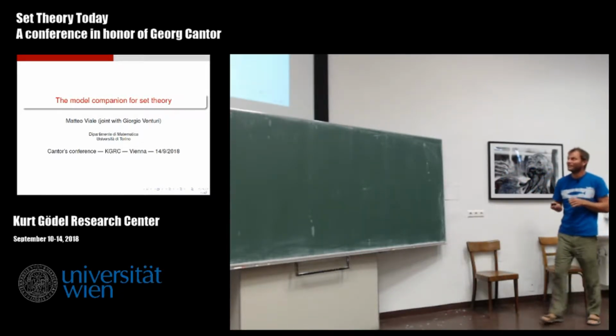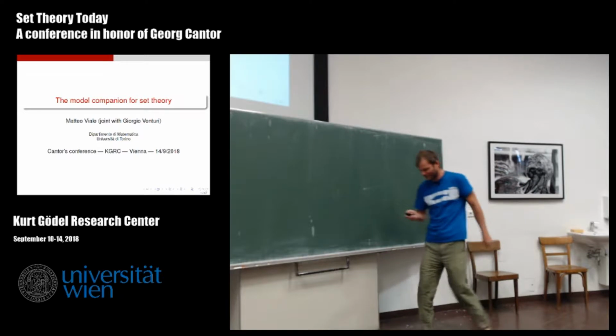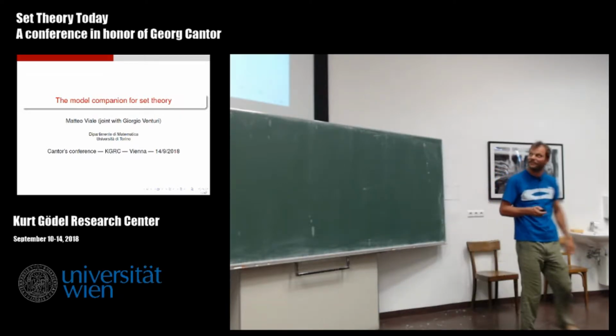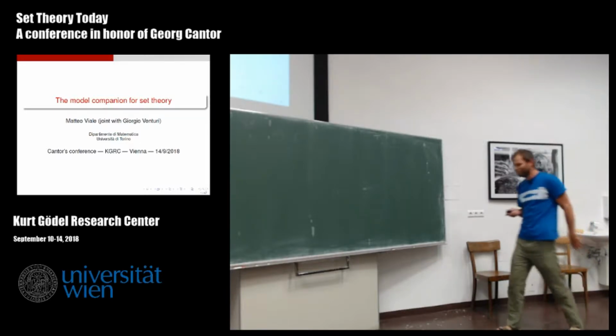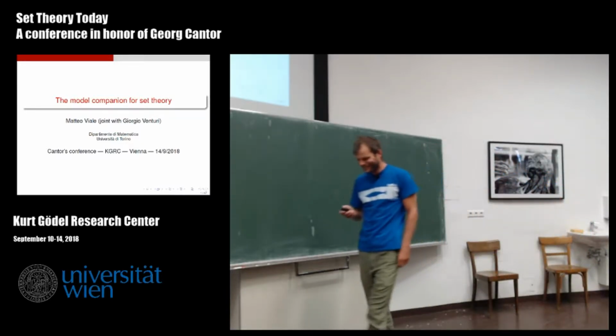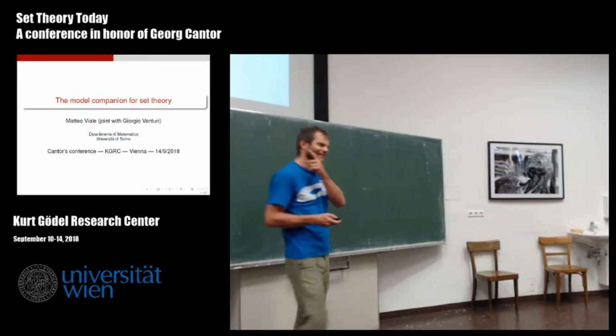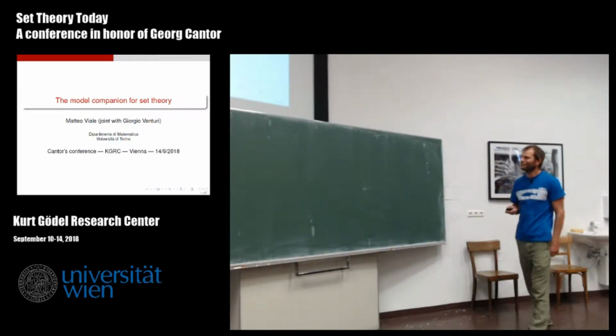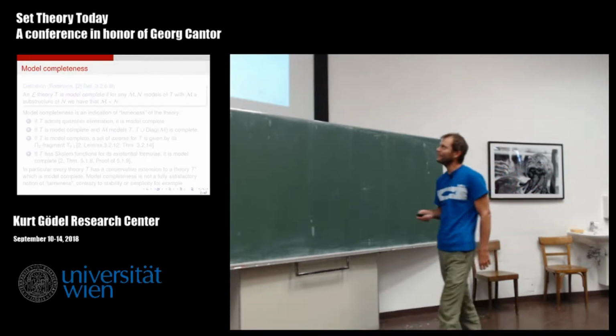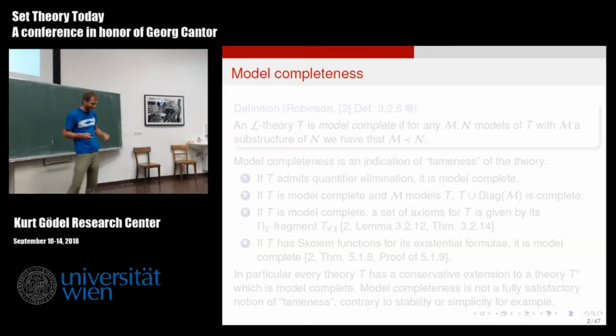So actually, I have to retract something that I wrote in the abstract, because it should be a model companion for set theory. But it's the right one, so we will come back to this. Okay, so first of all, let's start with model completeness.